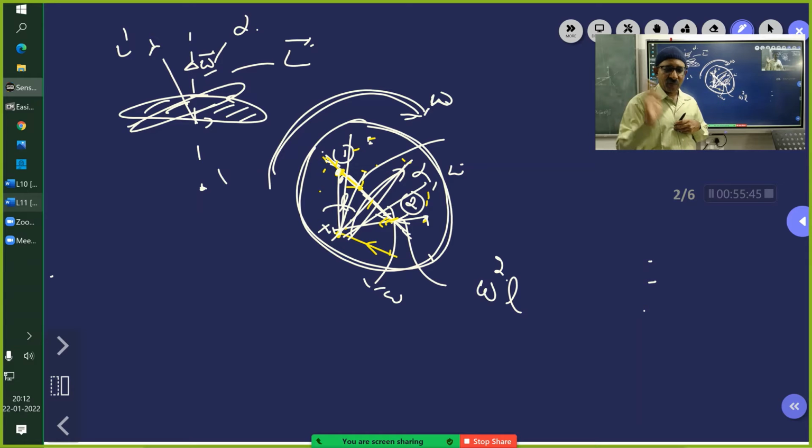If the force vector is along the velocity vector, only the magnitude will change. If the force makes some angle with the velocity vector, then the component of the force along the velocity will change its magnitude, and the component perpendicular to it will only change the direction. Got it?